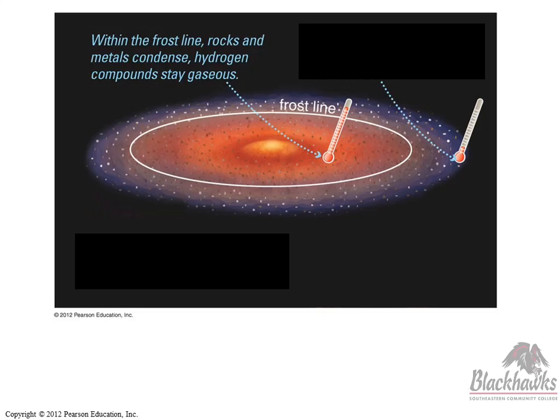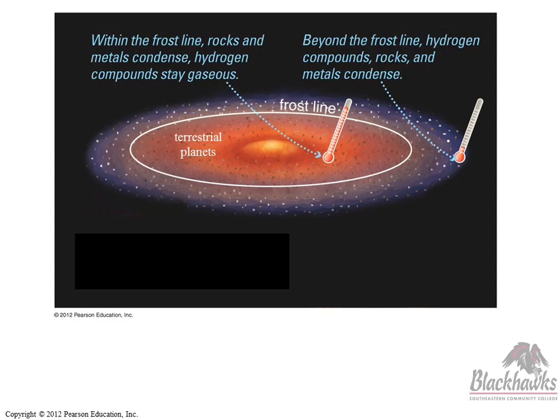So as it gets colder, you can have rocks and metals also solidify out there, but out there you can go ahead and get those hydrogen-containing compounds, the H2O, the CH4, the NH3. Those things can go ahead and solidify too. So on the other side of the frost line, it's cool enough.